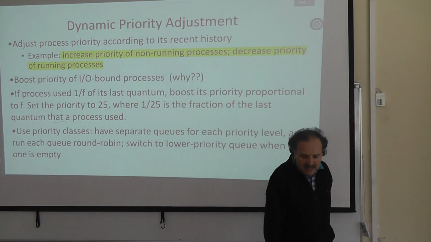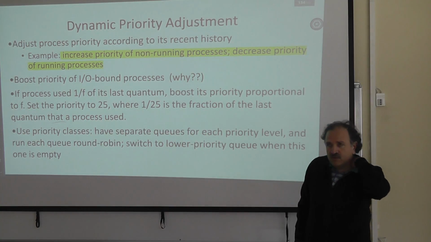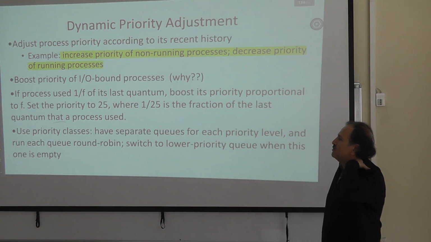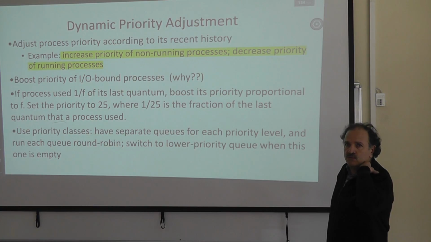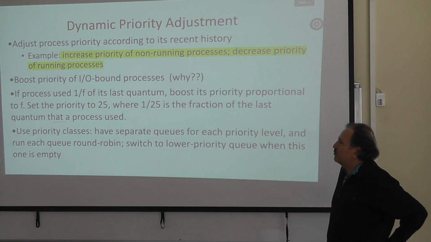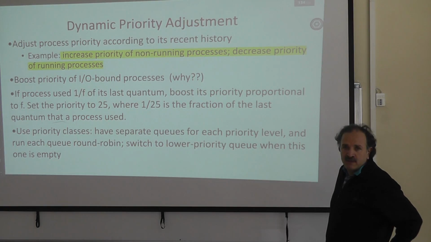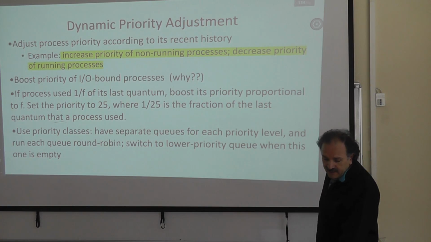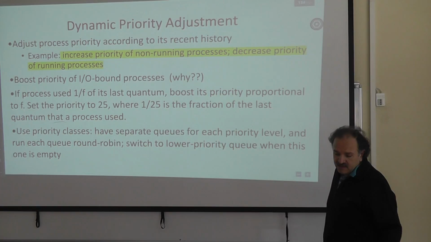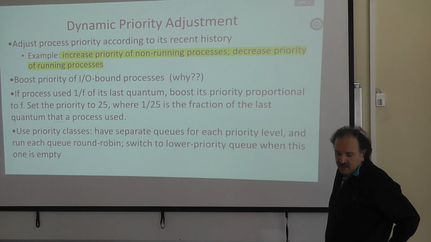So this one is saying that if you cannot use the quantum, because you are blocked due to some input-output task, then you will get more priority. So that's the idea. Okay, understand this one? So this is a dynamic priority adjustment technique. It will try to keep the balance between different types of processes.